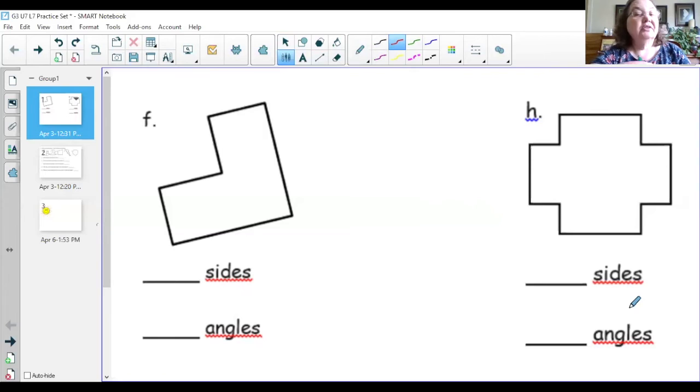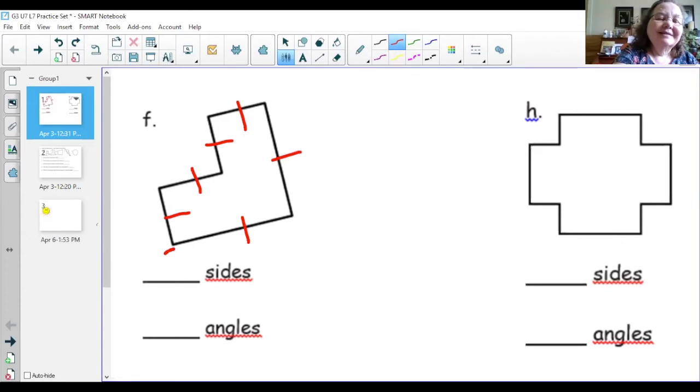I'm going to show you a strategy that I like when I'm counting them. I like to put a little line there. So I would count 1, 2, 3, 4, 5, 6. That way I know I haven't missed any of the sides. So how many sides did I say?